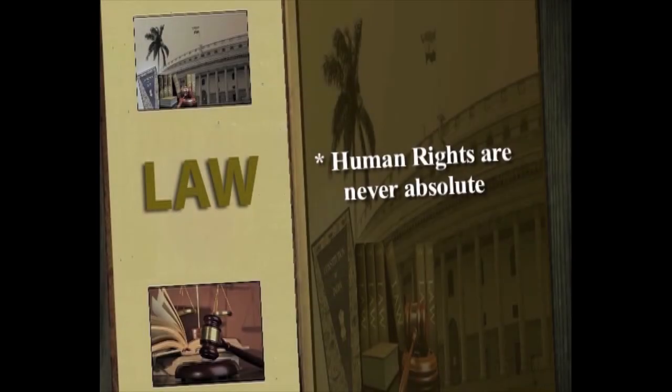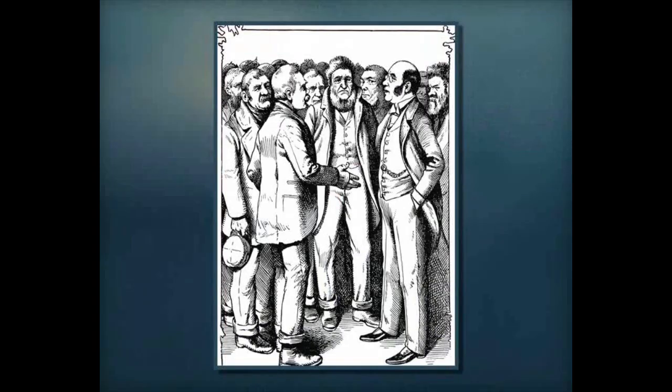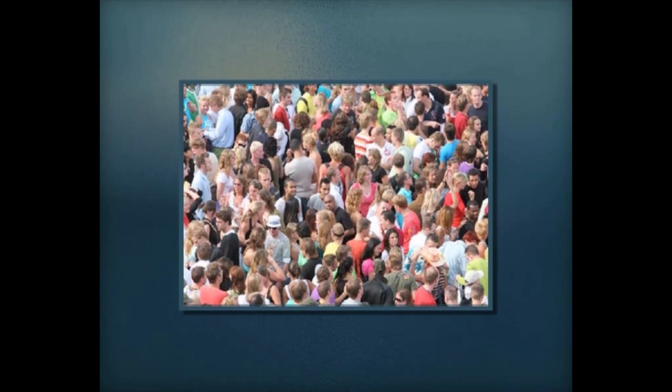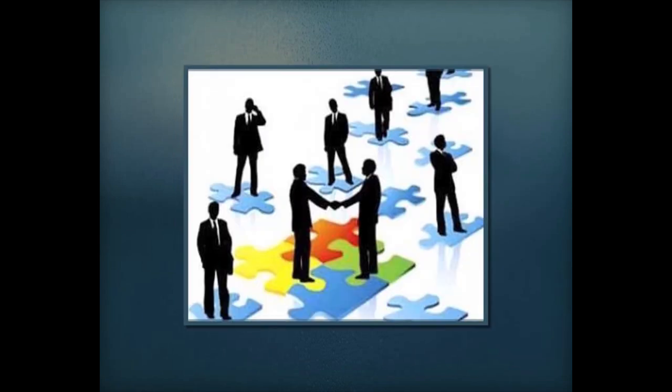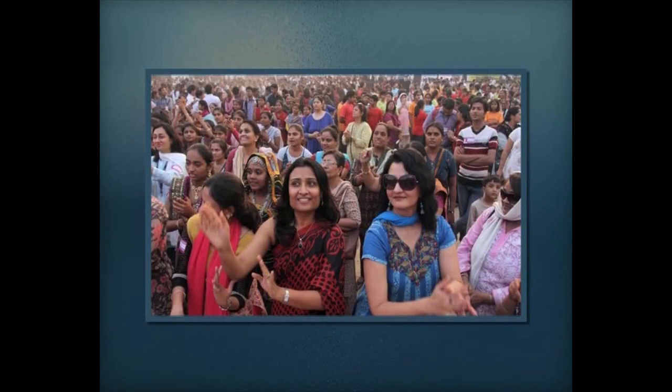Sixthly, human rights are never absolute. It is a well-known principle that no right is absolute. Same is the case with regard to human rights, as man is a social animal and he lives in a civic society which always puts certain restrictions on the enjoyment of his rights and freedoms.